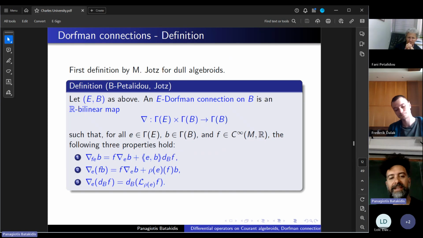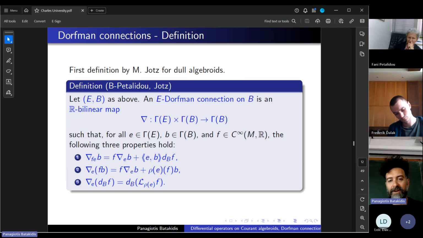So our definitions of pre-dual bundles are not entirely the same. But if you just isolate our definition of a Dorfman connection, you will see the same thing.